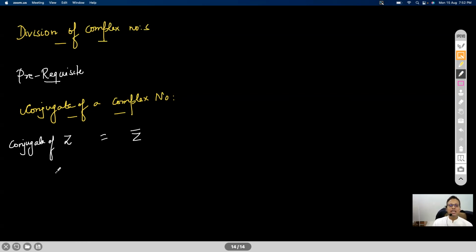Now, what is this conjugate of Z, or Z bar? Simple. If you have a complex number a plus ib, its conjugate will be a minus ib. That is, you just replace i with minus i.